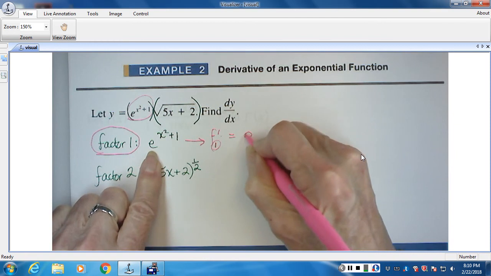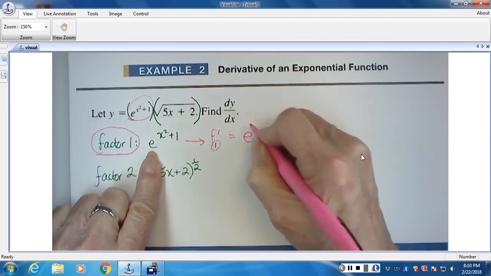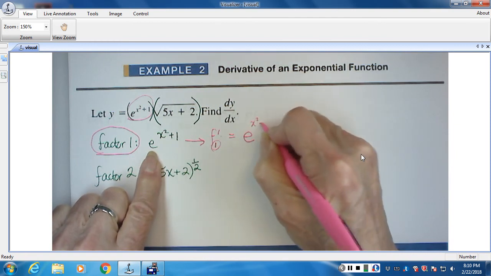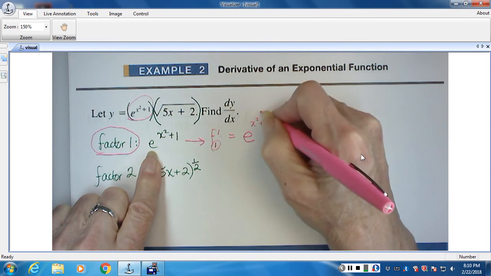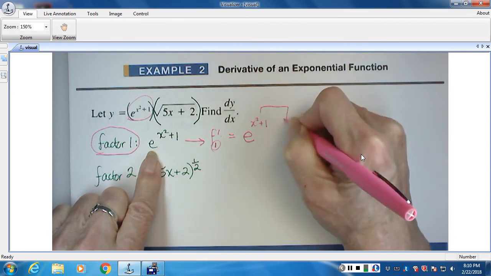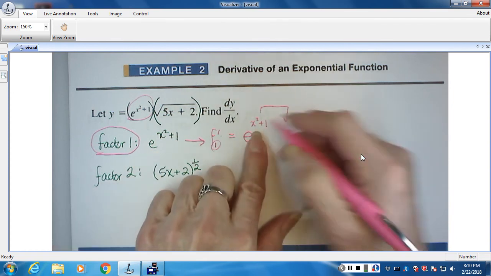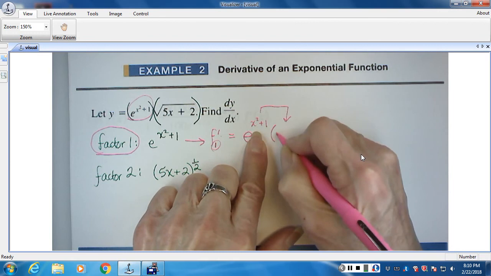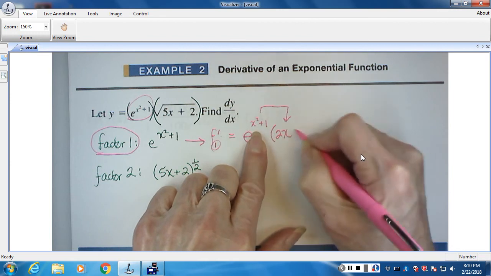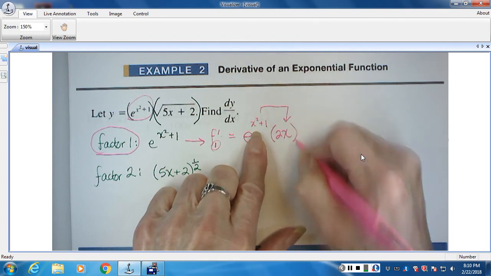So the derivative is going to be e to the x squared plus 1 times the derivative of x squared plus 1, which is 2x plus 0, and there's no need for me to write the 0.